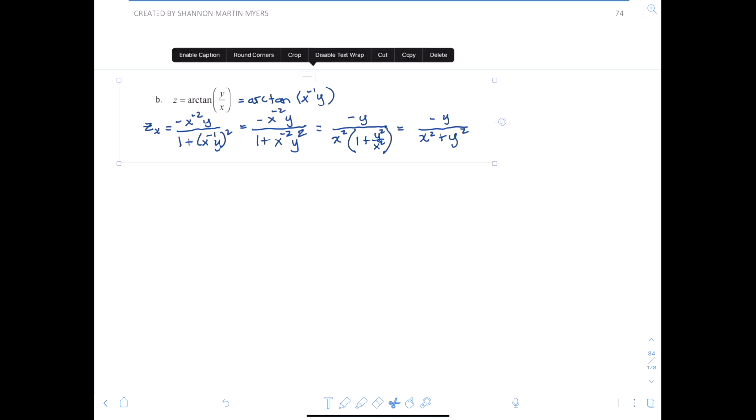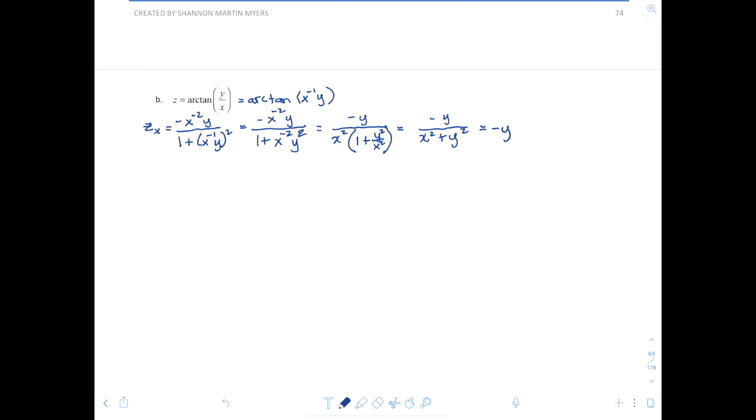Just for form's sake, this will also be equal to negative y times the quantity x squared plus y squared to the negative 1. Cool so far? All right. So zxx will be what? Good.